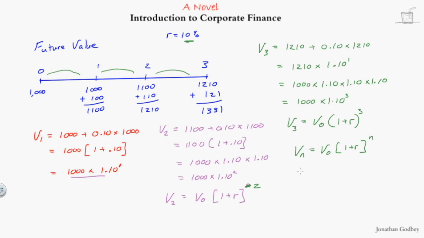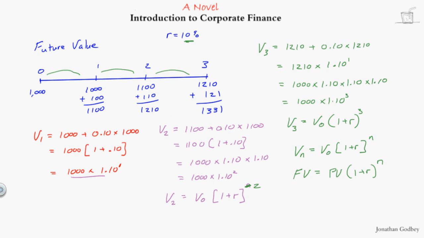A way a lot of people write it, and this is in the textbook as well, is that the future value, the value in year n, is equal to the present value. In this case, I mean the value today, but it's not always going to mean that. So times 1 plus r to the n.